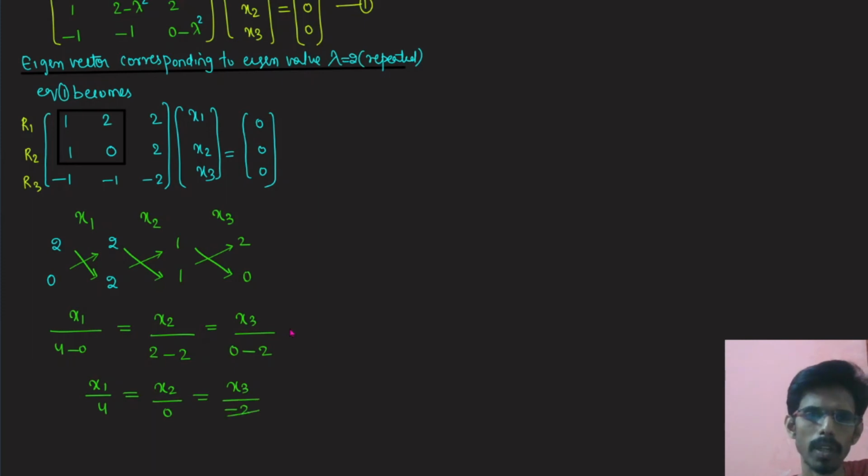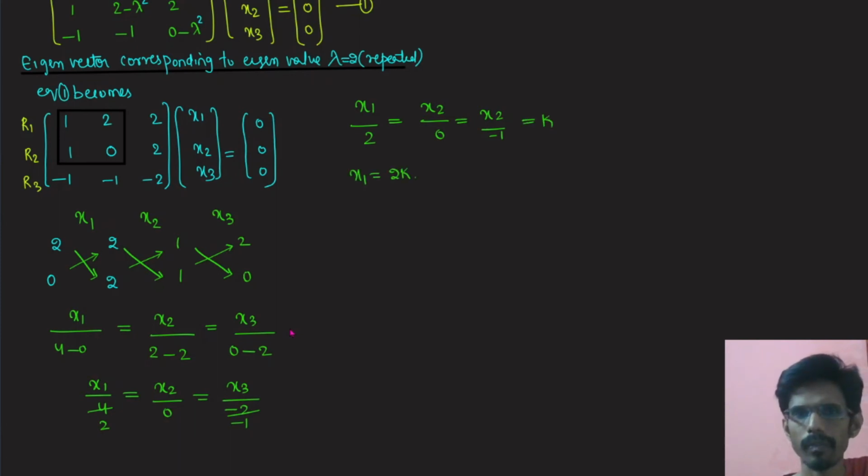If I cancel by 2, I'll get x1 by 2, x2 by 0 equals x3 by minus 1. Let us take this as constant k. So x1 will become 2k, x2 will become 0k, and x3 will become minus k.